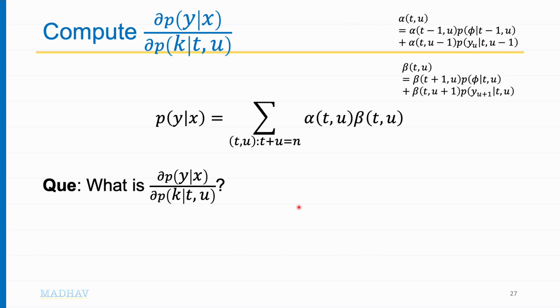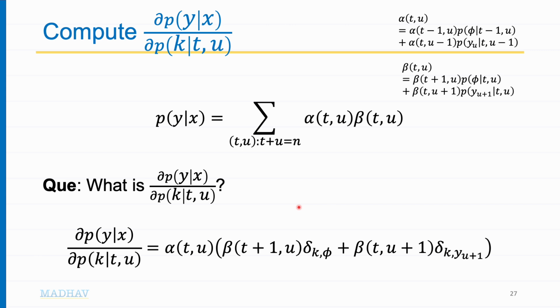Just write down what you just now said. Okay, I know you can do it. So it's like this. So alpha t comma u is independent of pk given tu. So alpha tu is as it is, it's a constant. Then inside you have beta t comma u, its derivative basically. So look at this formula.